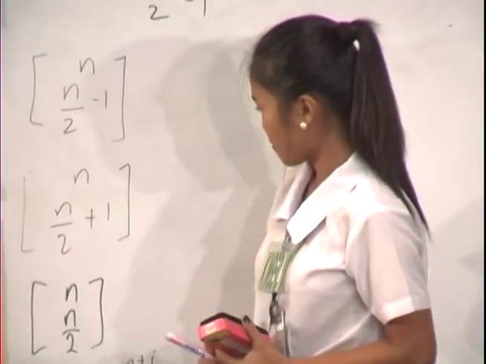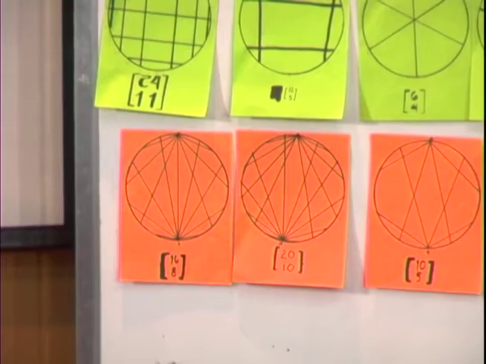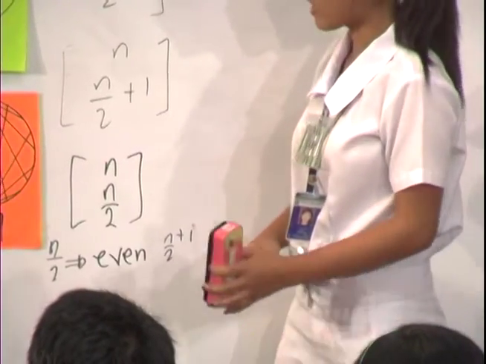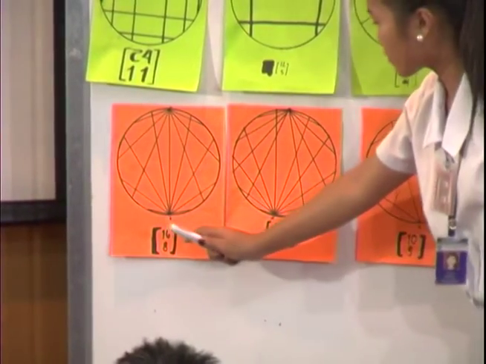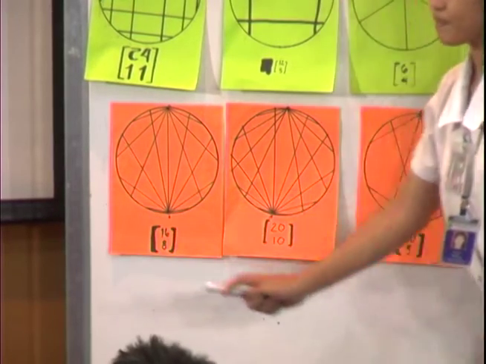So in our example, 16 with factor 8. So n is 16 over 2 is 8 plus 1 is 9. And the number of chords coming from n over 2 is 1, 2, 3, 4, 5, 6, 7, 8, 9.